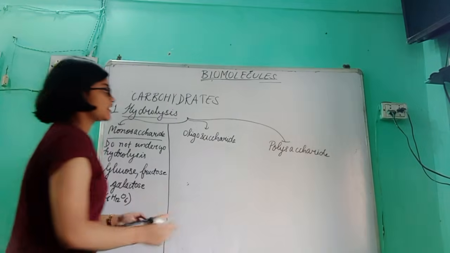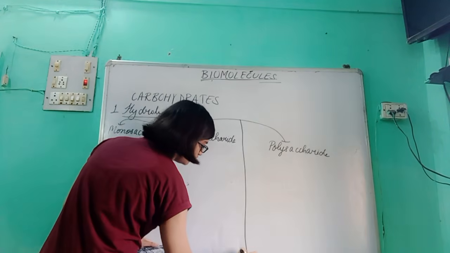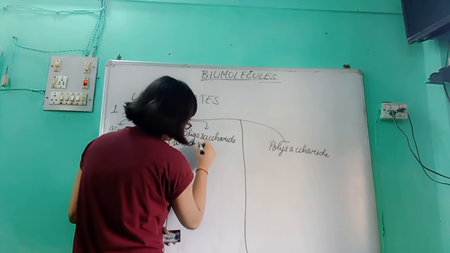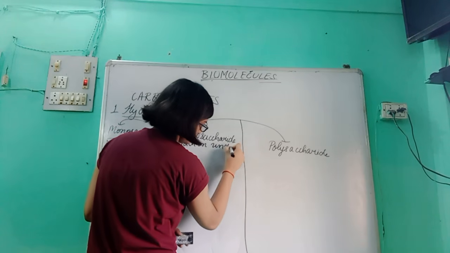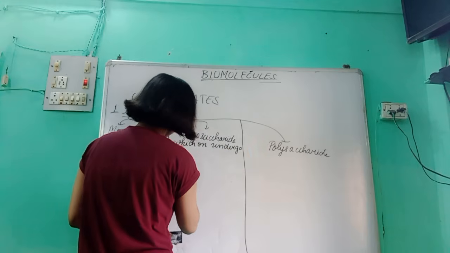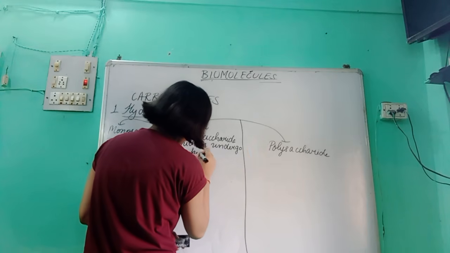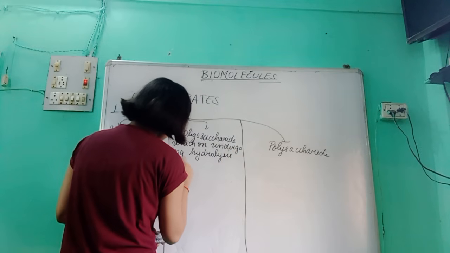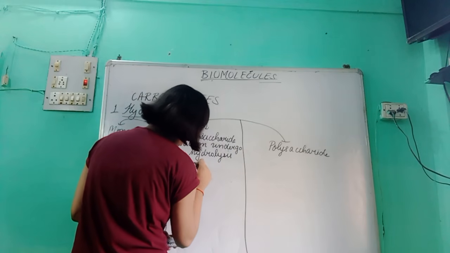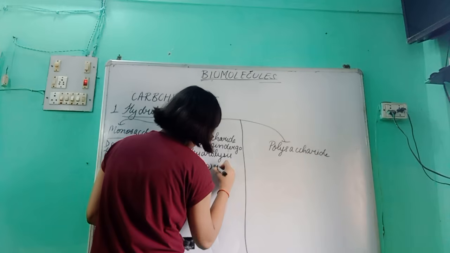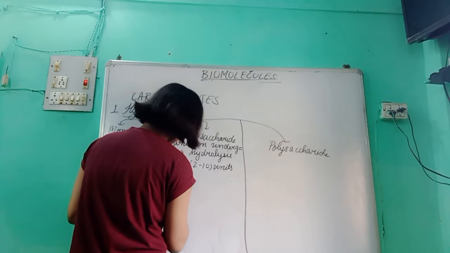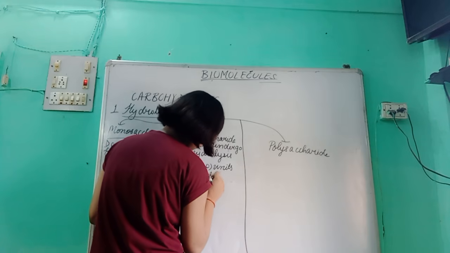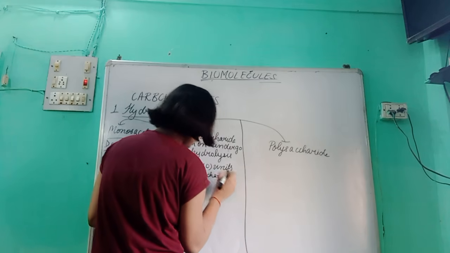Moving on to oligosaccharides. Oligosaccharides are those which, on undergoing hydrolysis, give 2 to 10 units of monosaccharides.